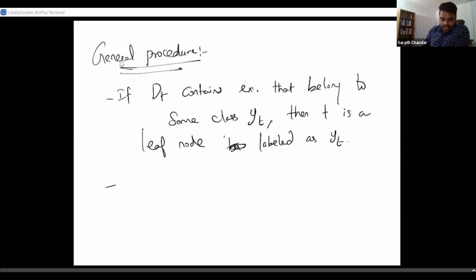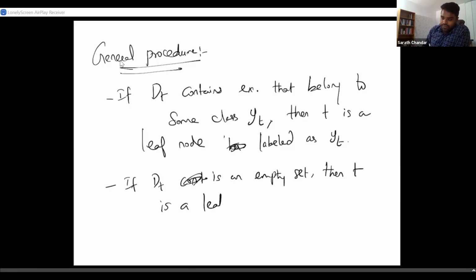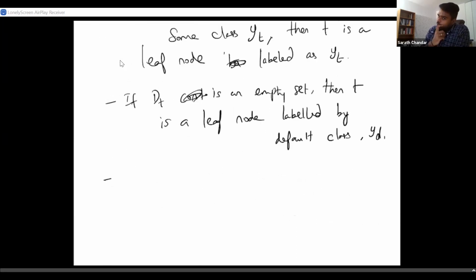Similarly, if DT is an empty set, I'm giving you a recursive algorithm here. You start with the data, you divide it, and you reach a node where it is an empty set. Then T is a leaf node labeled by some default class, let's call it YD.